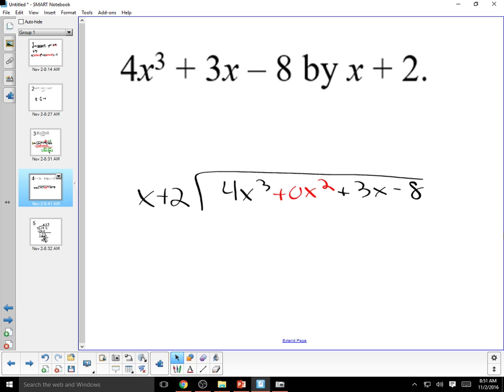So would it be negative 42 or negative? You don't bring it down. You did. So this would be adding into it.